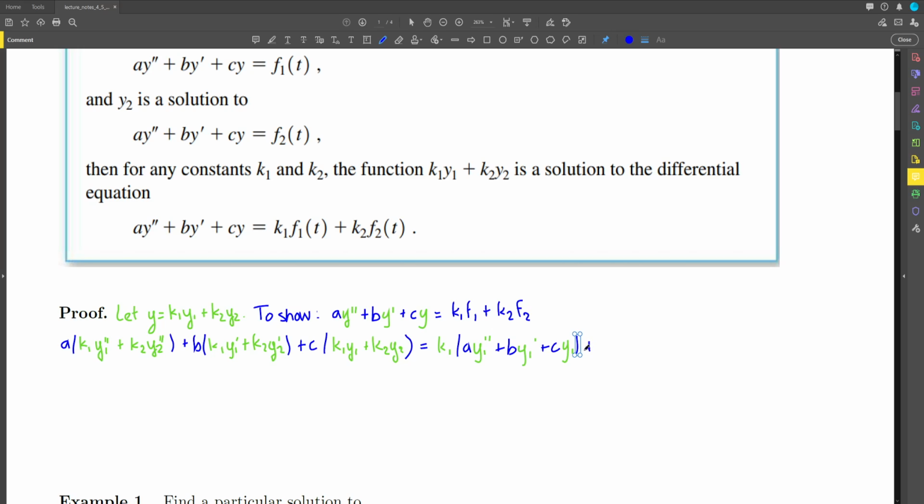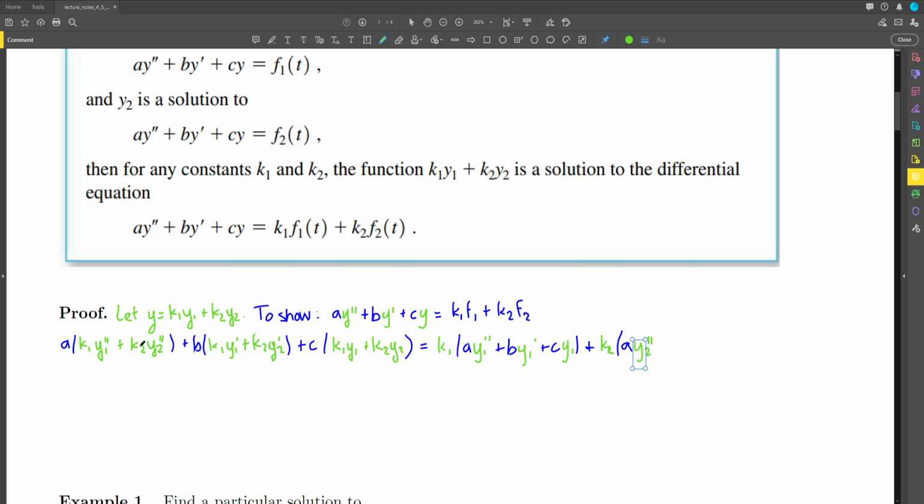And then the second part, I can factor out a k2. When I factor out a k2, I then get, very similar to the other one, a times y2 double prime, right?